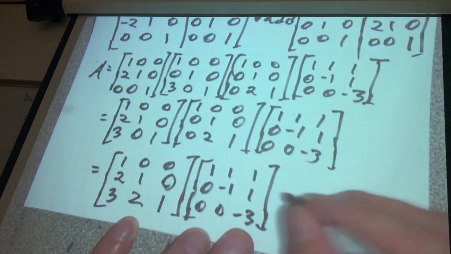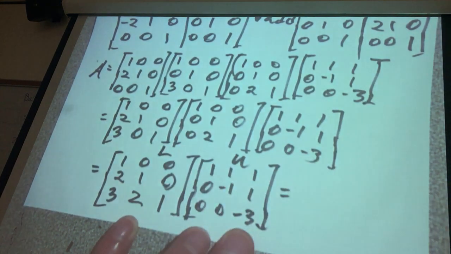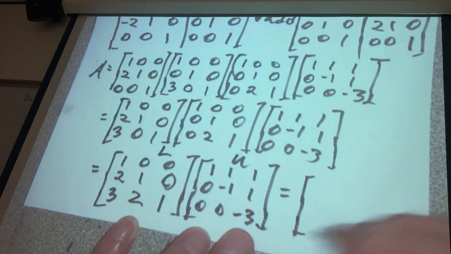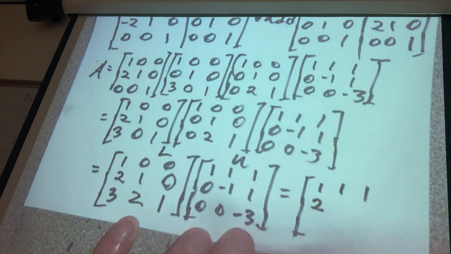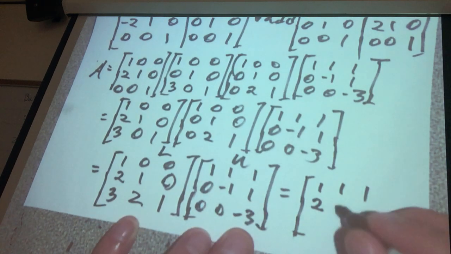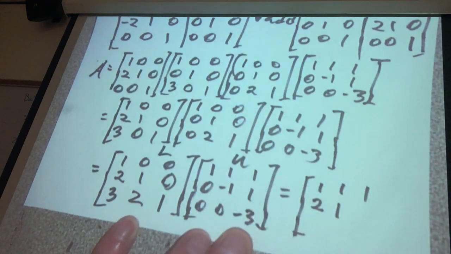So now we're going to check our work. This is L, this is U. This is 1, 1, 1; 2 times 1 is 2, 2, 1, 0, that's 2 and a negative 1, which would be a 1. And then 2, 1 acting upon 1, 1, negative 3, that's 2 plus 1, which is 3.